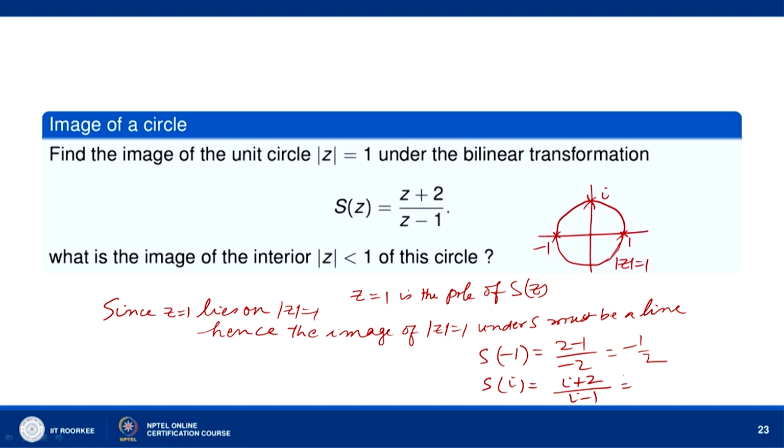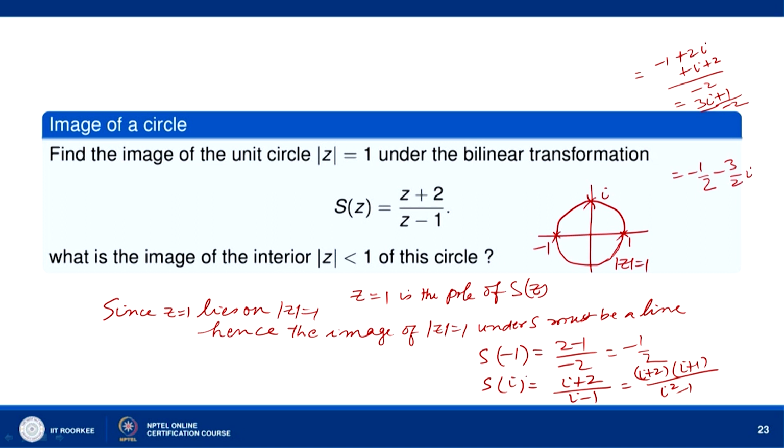So, I can write it as (i + 2)(i + 1) divided by (i² - 1), and this gives you (i² + 2i + i + 2) divided by -2. So, what we get here is (3i + 1) divided by -2. So, this is equal to -1/2 - (3/2)i.